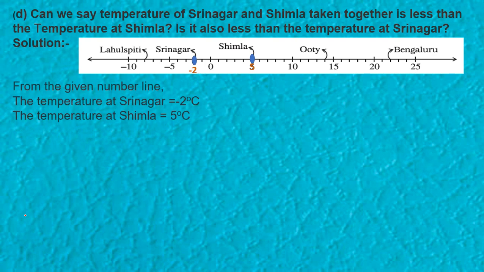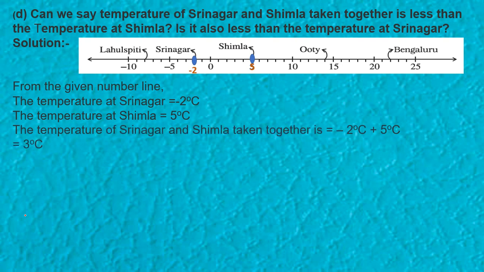So -2 degrees Celsius plus 5 degrees Celsius becomes 5 minus 2. 5 minus 2 is 3, as 5 is the greater number and it has a positive sign. So the answer is 3 degrees Celsius, a positive integer. So 3 degrees Celsius is the temperature of Srinagar and Shimla together.